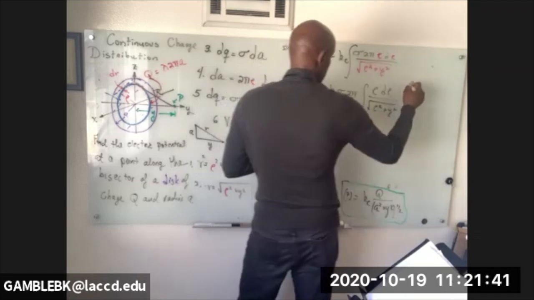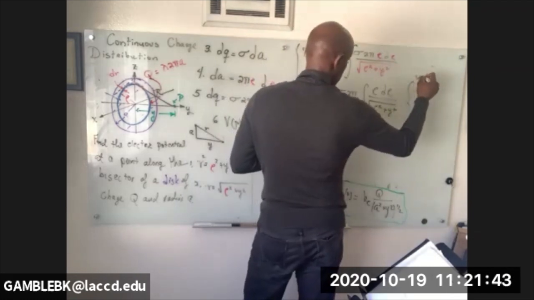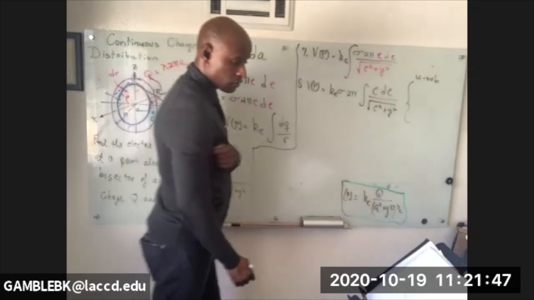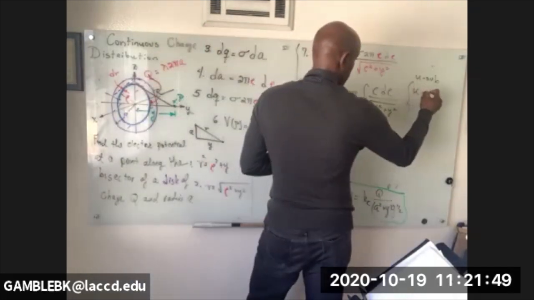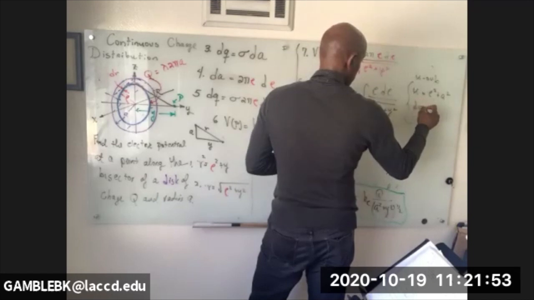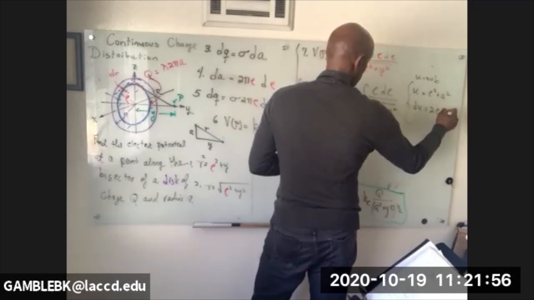You can accomplish that with u substitution, which is easy. So u becomes rho squared plus y squared, and du becomes 2 rho d rho.